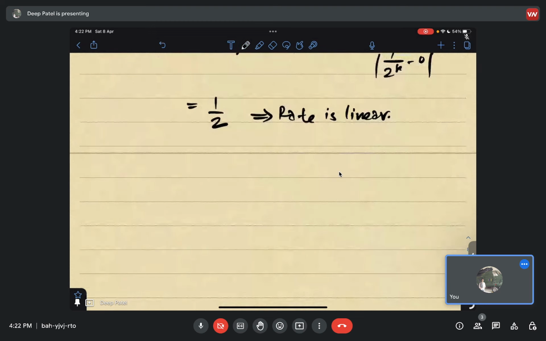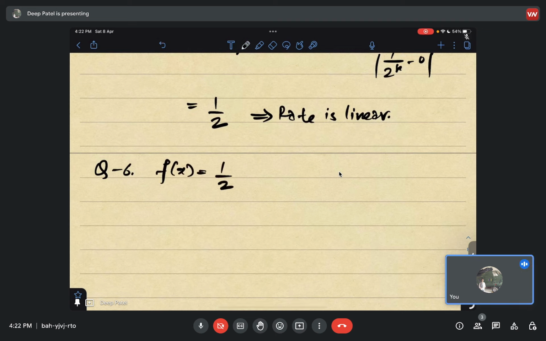All right. Question 6. Again we have a quadratic function, x transpose Qx minus p transpose x. As usual, we will take Q to be a symmetric positive definite matrix.